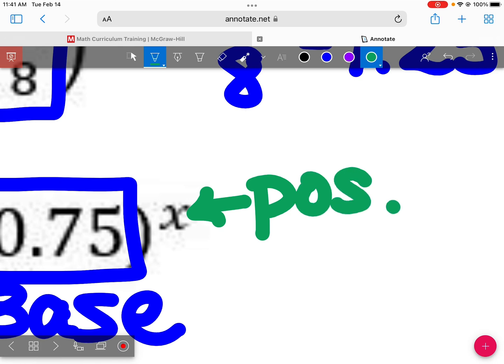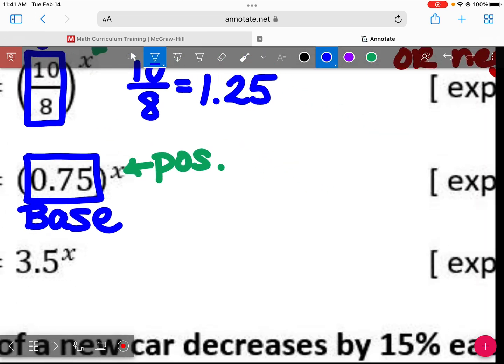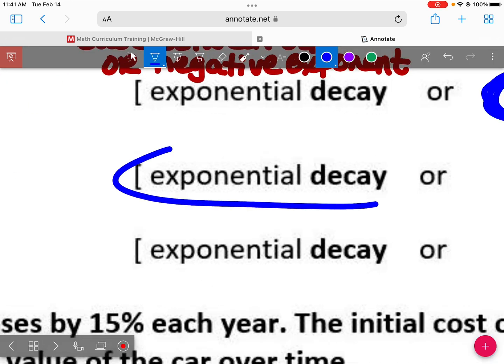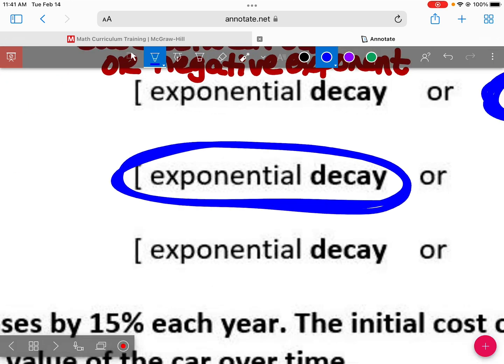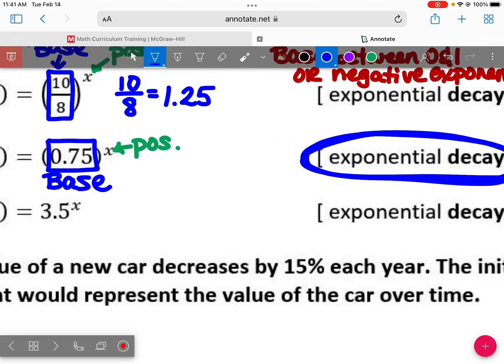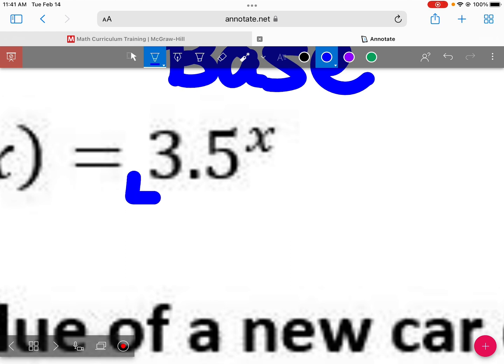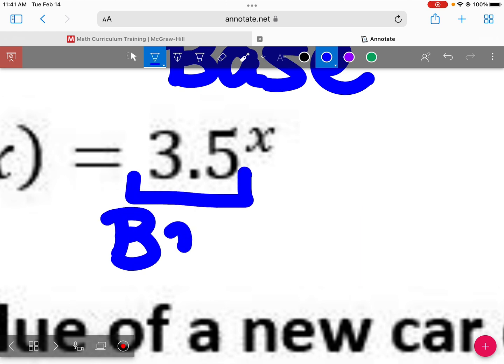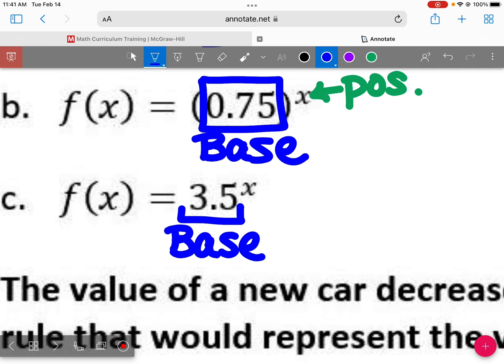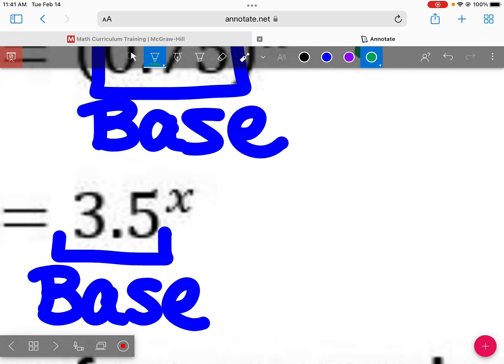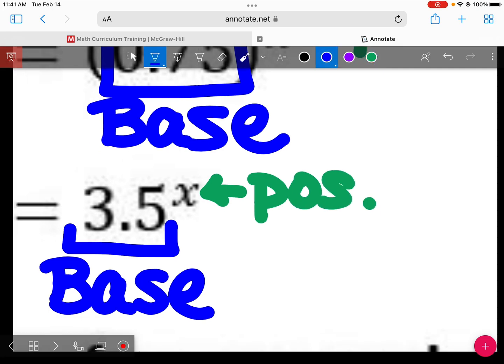It's less than 1. So is this growth or is this decay? This is decay. Last one, part C. What's my base? 3.5. Is the exponent positive or negative? Positive. So is this growth or is this decay? Growth.